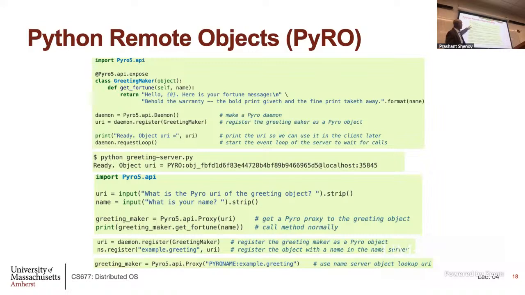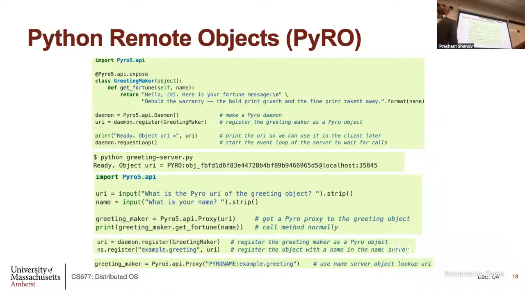So the way in Python, this code is the server code. You have to essentially make it into a server. The way you do this is you make what is called a Pyro daemon, and then you register that object, the greeting maker object, into that daemon. Then you call what's called a request loop.